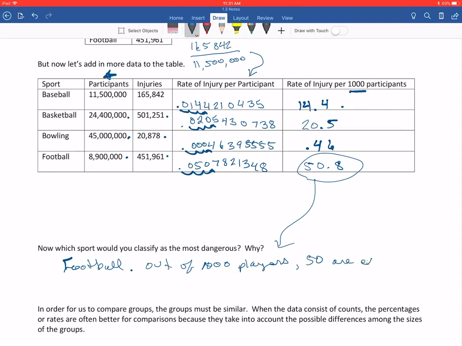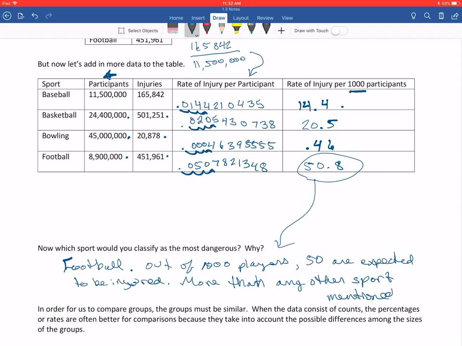Out of 1,000 players, 50 are expected to be injured. And that's more than any other sport that we're looking at. Not any other sport ever in general, but any of the other sports mentioned above.